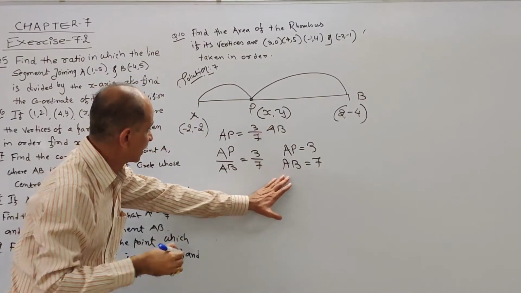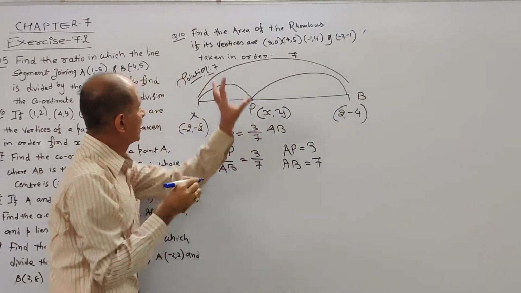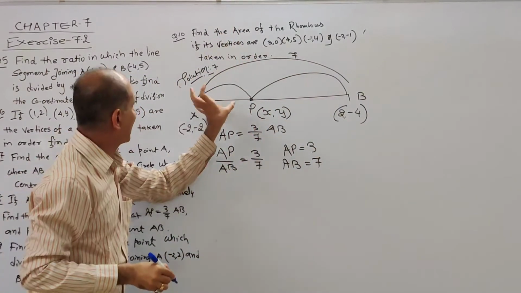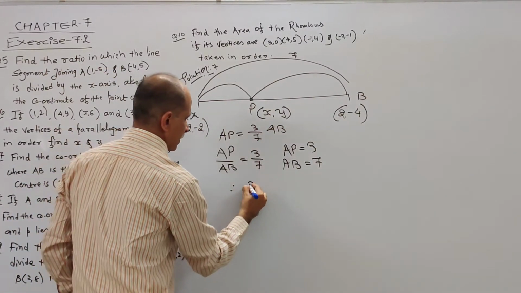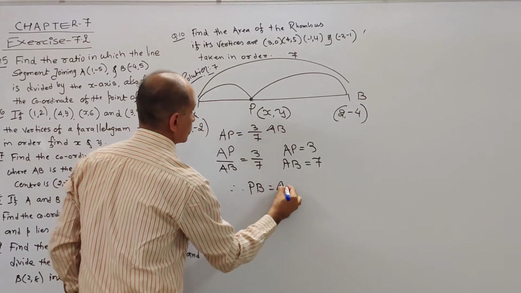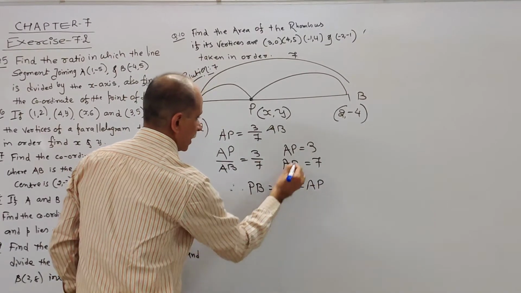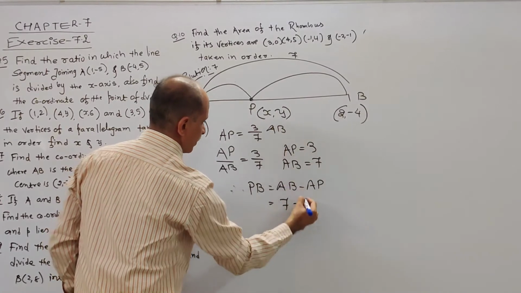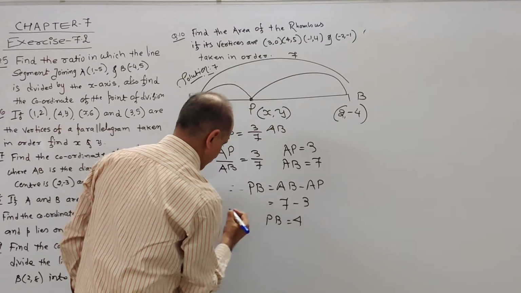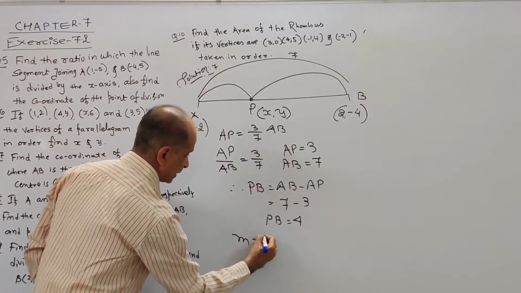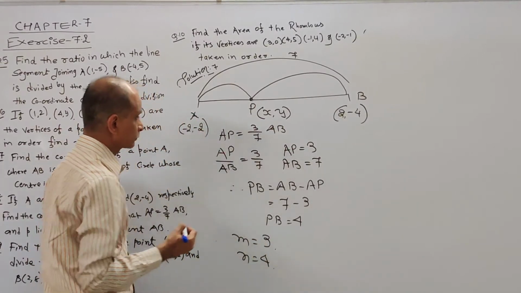AB is given to you and that is 7. So from AB, if you subtract AP, you can easily find out PB. So PB is equal to AB minus AP. AB means 7, AP means 3, so PB is equal to 4. So here m is equal to 3 and n is equal to 4.